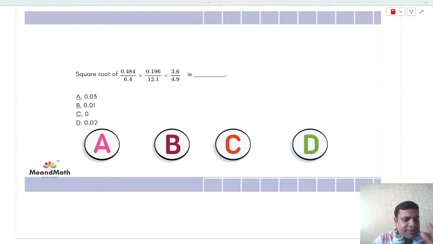Till now, if you have any doubt in the previous question, you can tell me in the chat. So if you have any doubt, Dhanushika, which things you didn't study in the class?